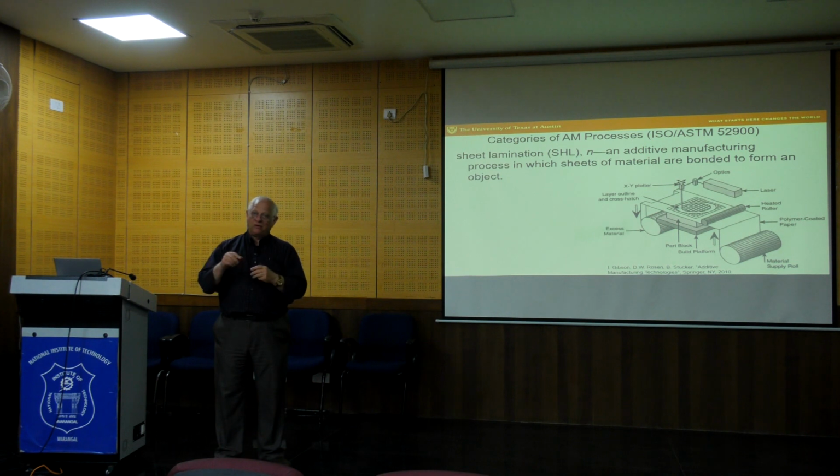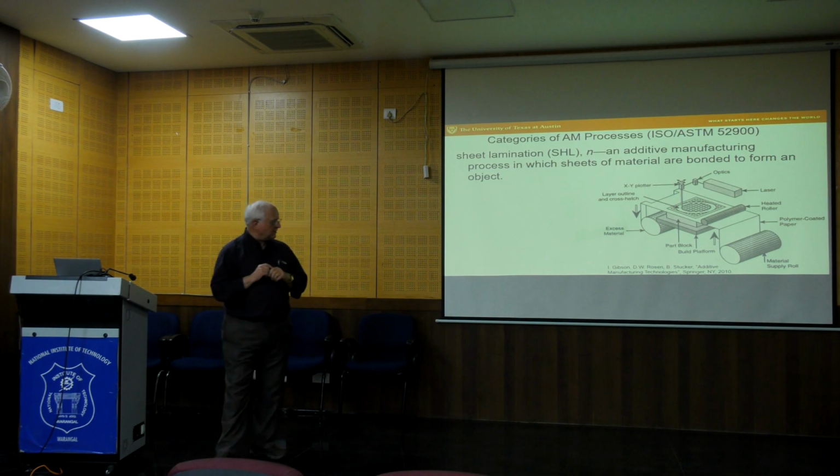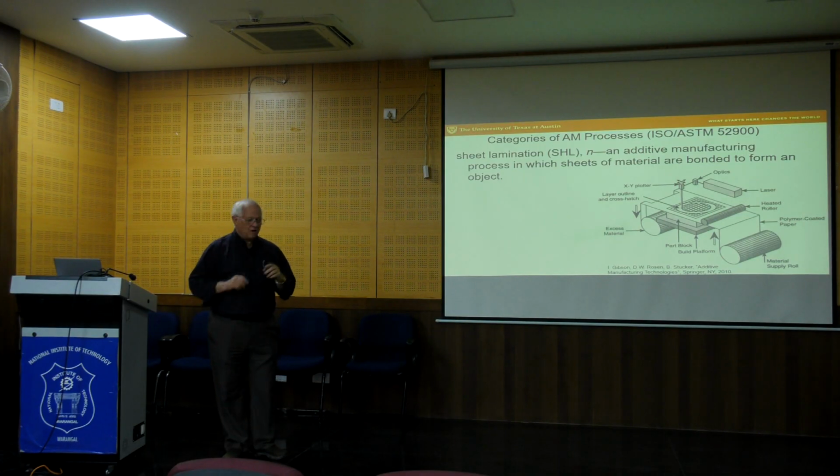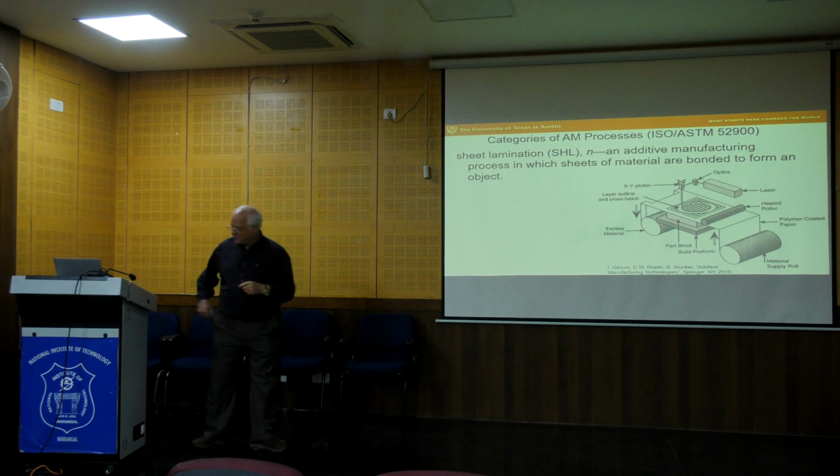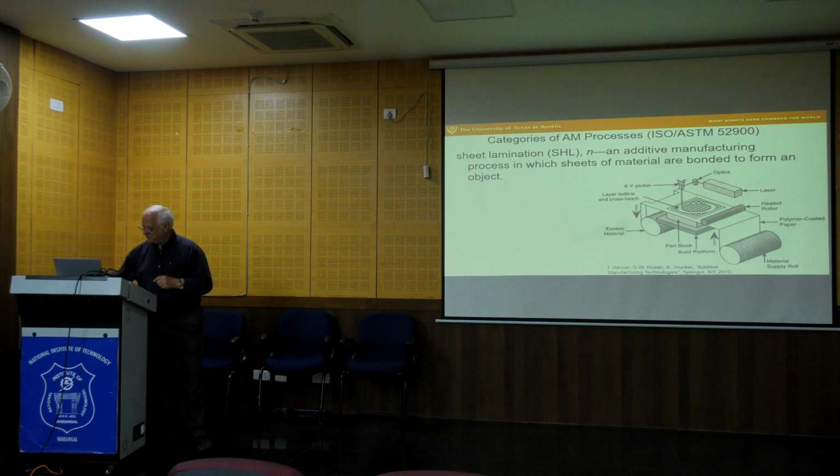So, for example, if we want to embed a plastic sensor in the part during the build, we can do that, and we don't worry about the heat from densifying the metal causing any damage to the part. And so we can do these kinds of things with this sheet lamination technique. So that's that part.